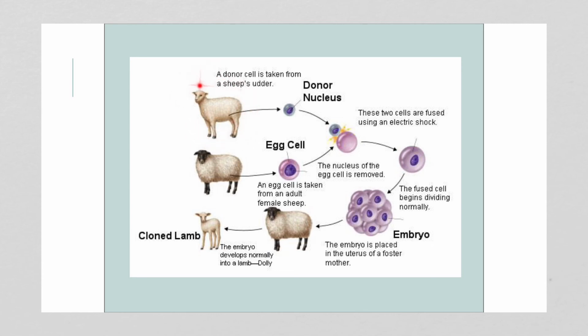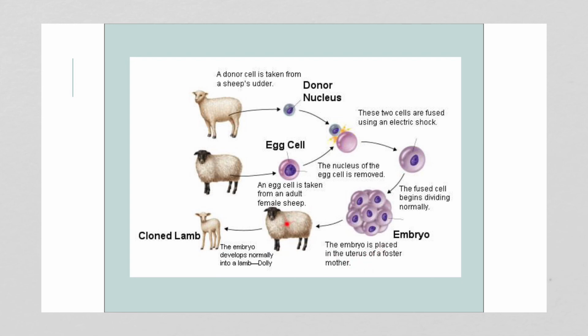We had a sheep here where they took a cell from her udder and placed it into an enucleated egg cell. They took the nucleus out of an egg cell from a different sheep, fused them together using an electric shock, and then the fused cell began dividing normally and became an embryo.